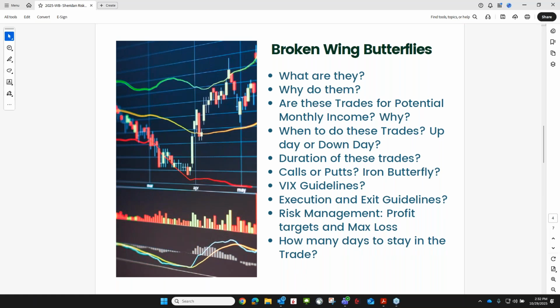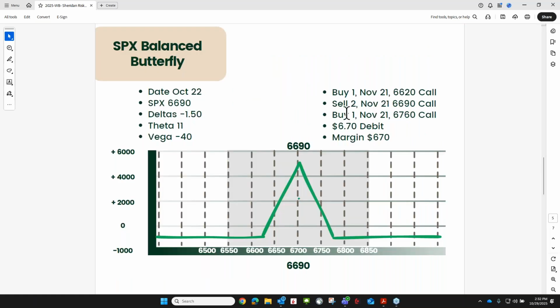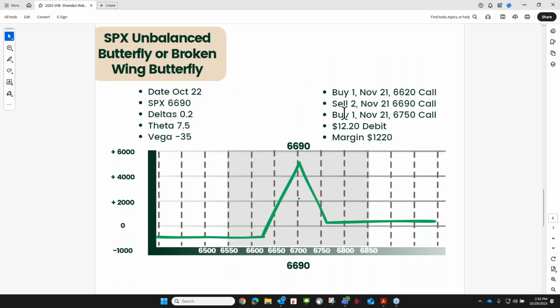A broken wing butterfly would be at the money, whereas an iron butterfly would use those same strikes that you see there, and thanks for bringing that up, Jeff. You would be selling the 166.90 call and selling the 166.90 put. So if you're doing an iron butterfly, again, that would be related to an iron condor. I'm breaking up that sell 2: sell the 166.90 call, sell the 166.90 put.